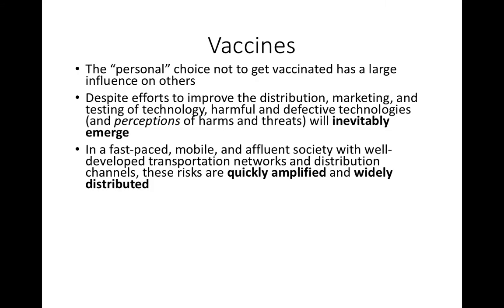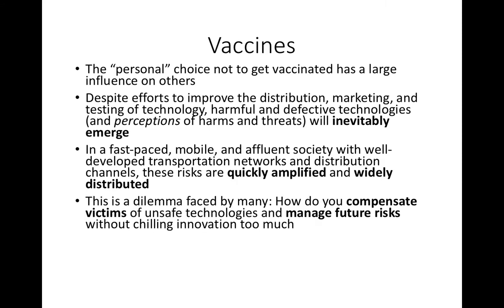So, in a fast paced, mobile, and affluent society, such as we have with well developed transportation networks and distribution channels, the risks of technology, like vaccines, are quickly amplified and widely distributed. And so, this is a dilemma that's faced by many, and it's what I just touched on.